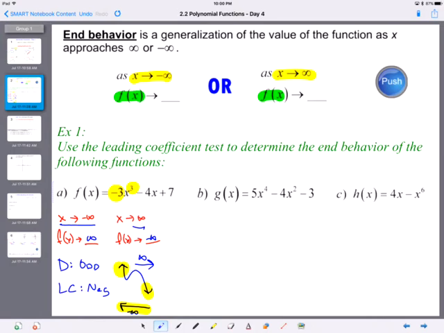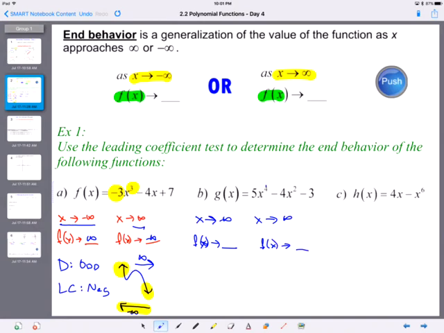So once again, if you want to pause me and do B and C on your own and then check to see if you got them correct, you can do so. So we're going to set it up the same way for B. As x goes to negative infinity, f of x goes to what? And as x goes to positive infinity, f of x goes to what?